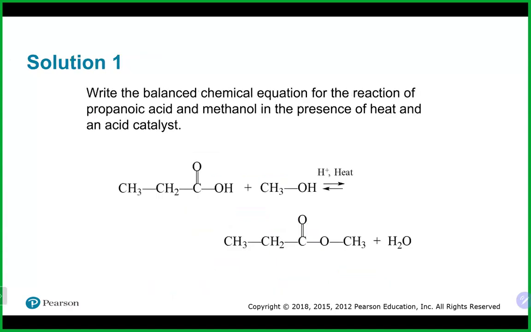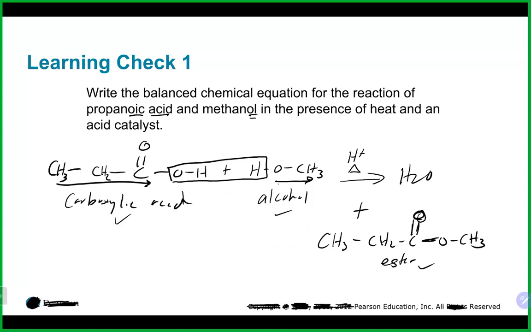So to show you again with the one we just did, how do I know which part came from where? I know how I put this together, basically right here. Going to the carbon double bonded oxygen and going in that direction, that part comes from the carboxylic acid. So that's what you want to count up for your main part of the name. In this case it is 3, so this is propanoate.